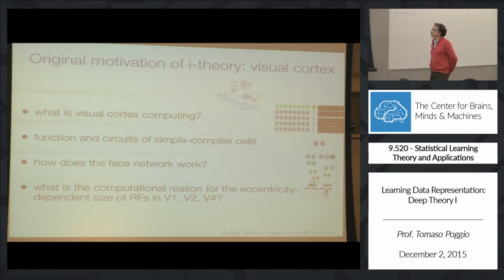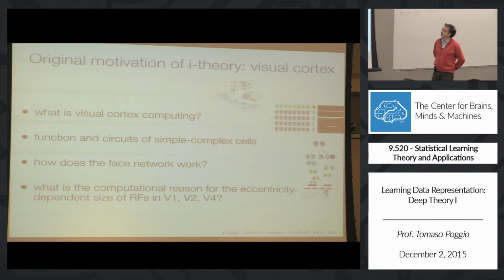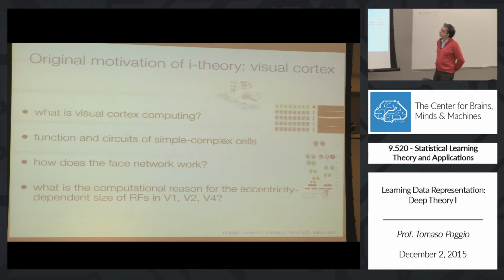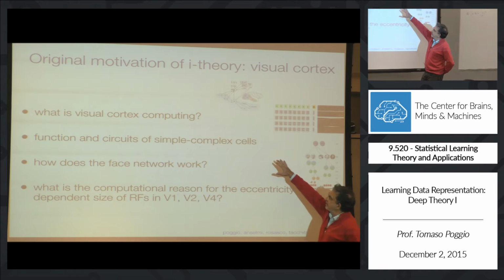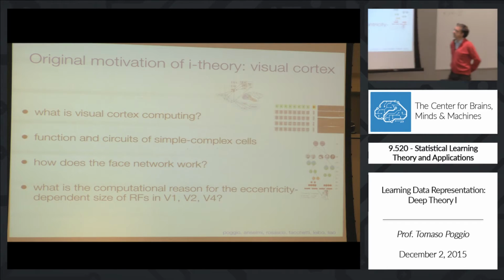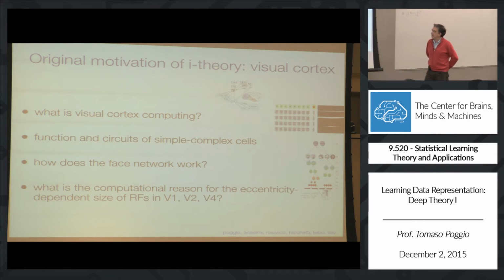What is it really computing? What is going on there? What is the computational goal of this series of areas? And what is really the computation that simple and complex cells are doing in mathematical terms and in terms of their properties? What can you prove?